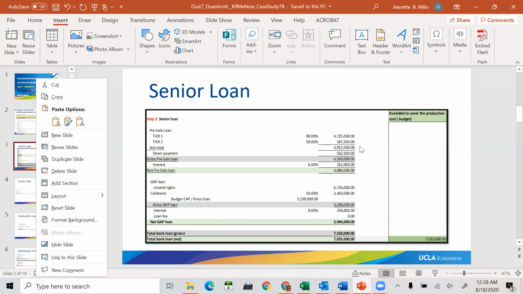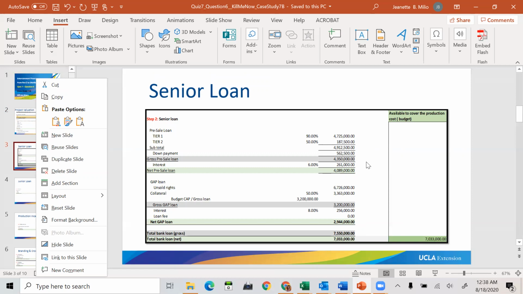So the cash flow number is $4,925,500. This is cash flowing those two tiers using those contracts, and the bank will of course deduct the down payment we earlier defined as $562,500.